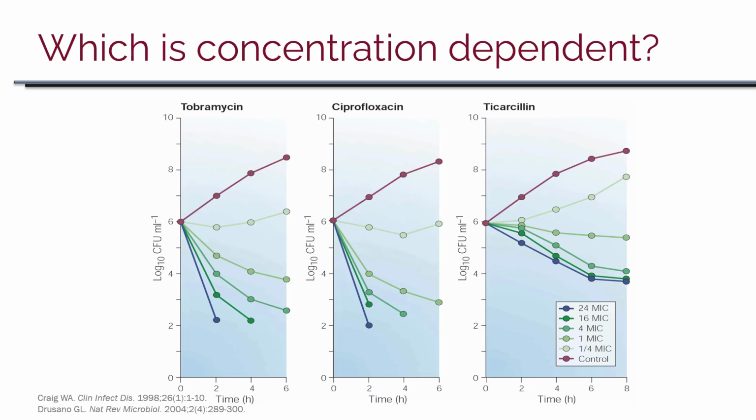Over here we have a figure that plots the colony forming units over a period of time after initiation of 3 different antibiotics, tobramycin, ciprofloxacin, ticarcillin. For each antibiotic we've plotted the colony forming units for isolates with different MICs. That's the part that was throwing me off, like what that MIC is. I want to say it's like 16 times the MIC.